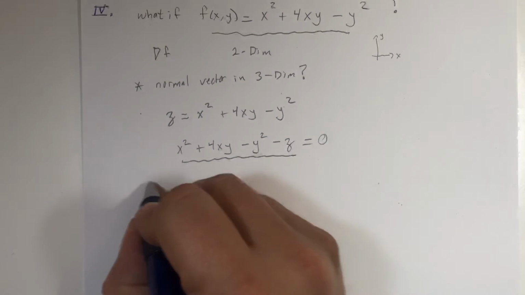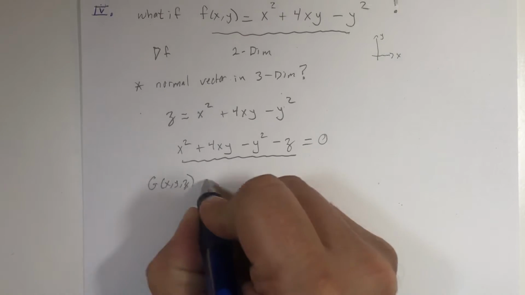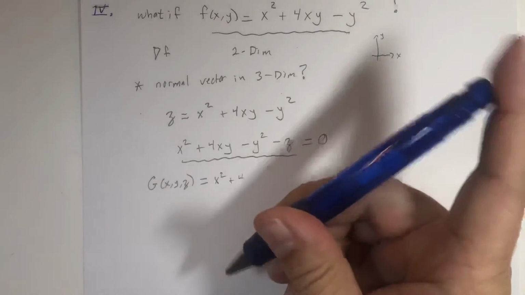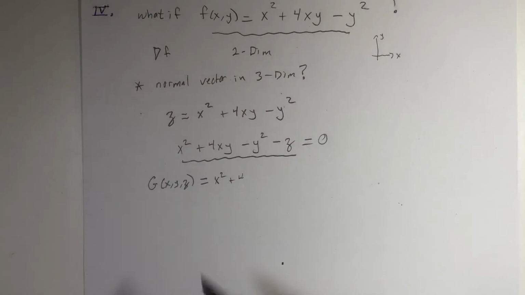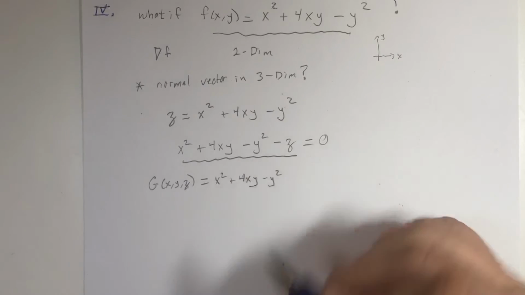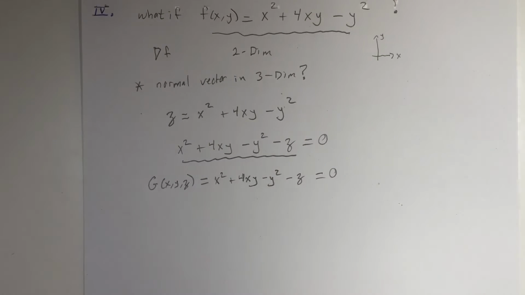And we're going to relabel this g of xyz equals x squared plus 4xy minus y squared minus z, and it equals a constant.